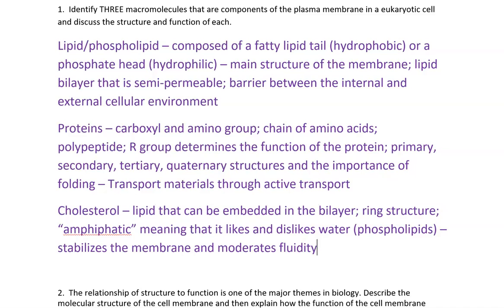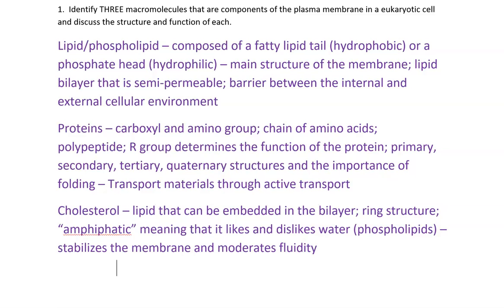Yep. There was one more option that you could have talked about, and that was a carbohydrate. Carbohydrates are embedded in the membrane as either glycolipids or glycoproteins, but glyco itself means carbohydrate.